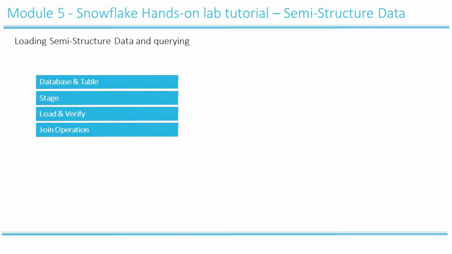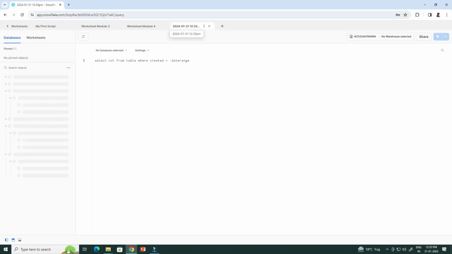In this module, we will load semi-structured data. So for the same, we'll first create a database, then the staging, then we'll load this data and we'll perform a join operation with our existing city bike data. Let's create a new worksheet with the name worksheet module 5.